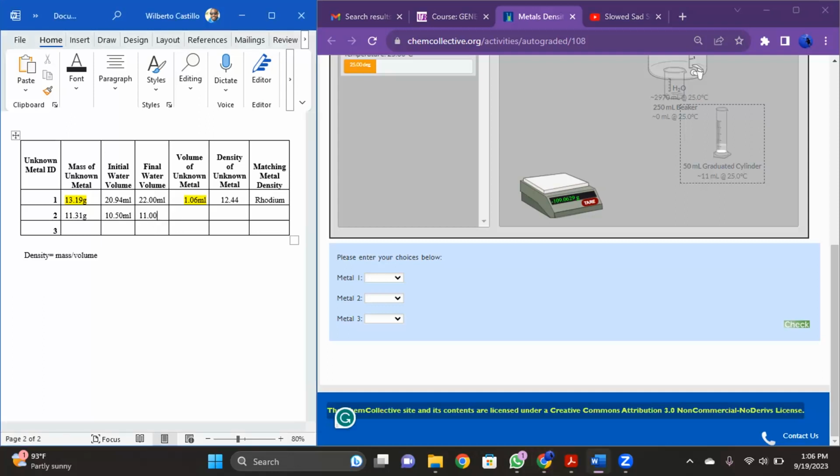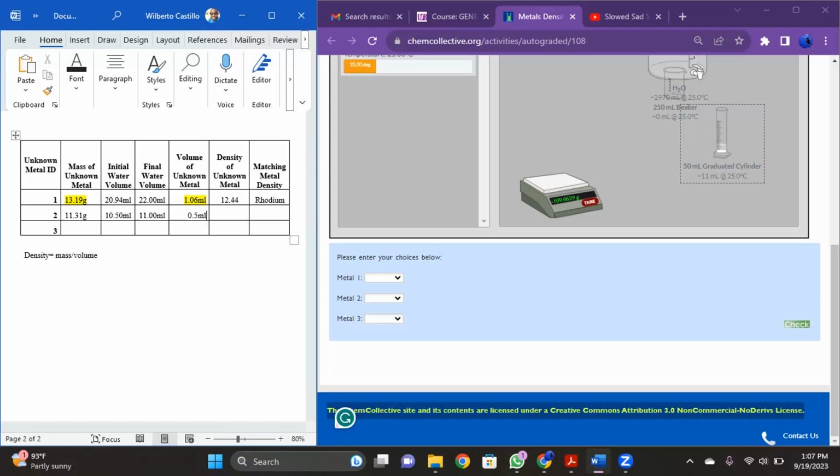11.00 mLs. Once again, we run some calculation, which would be 11 minus 10.50. That's going to give us 0.5 mLs.